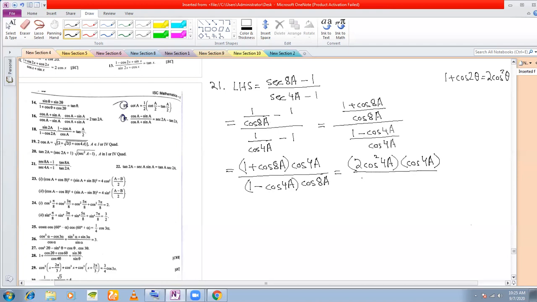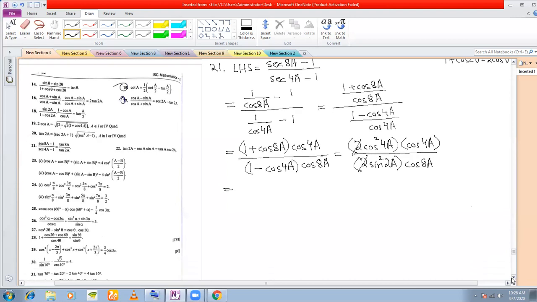In the denominator, 1 minus cos 4a can be written as 2 sine square 2a, and this cos 8a right as it is. Now what happens? Firstly, this 2 and this 2 they will cancel. You get in the numerator cos cube 4a, and in the denominator sine square 2a and cos 2a. You need to prove this is equal to tan 8a.